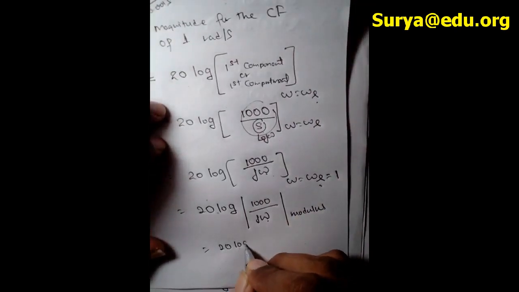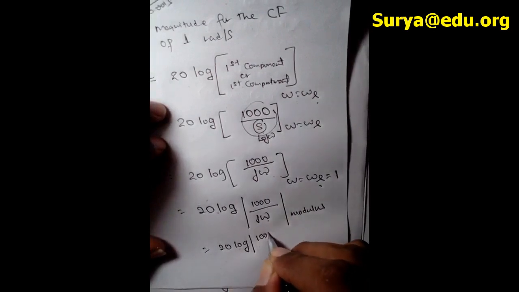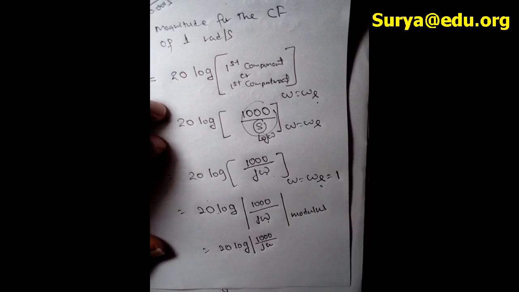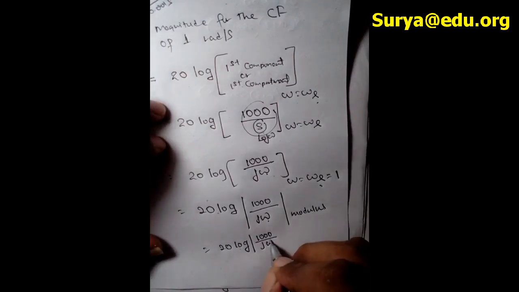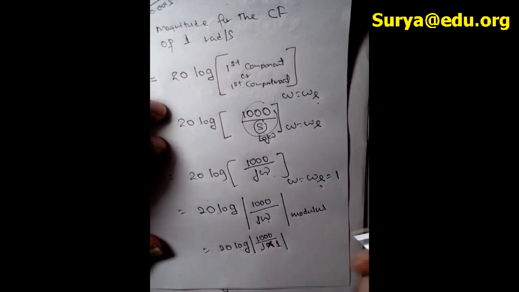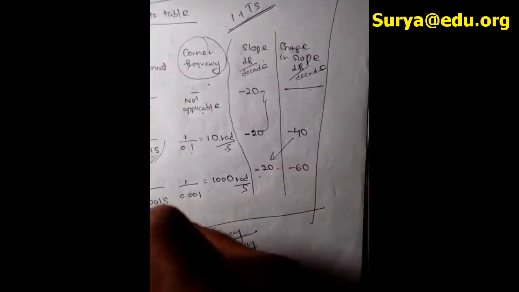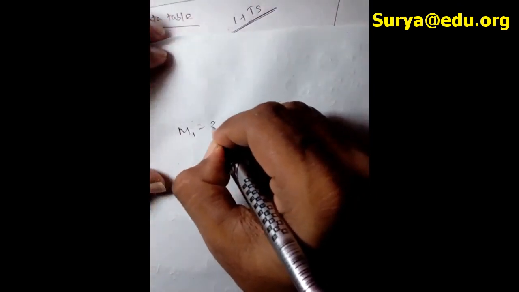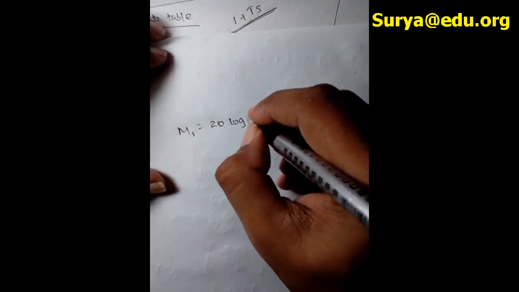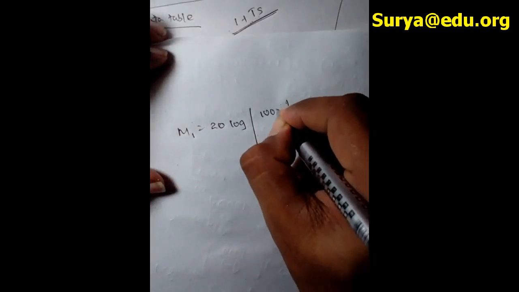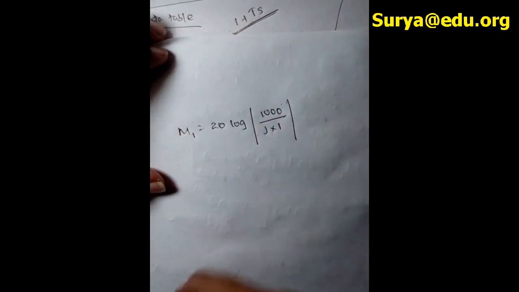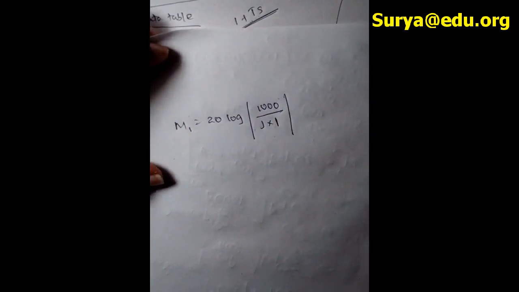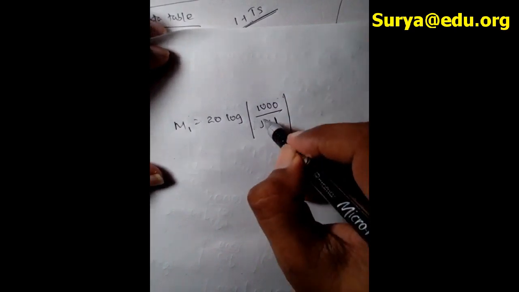So again it equals 20 log of 1000 divided by j omega. Now omega is 1, so j times 1. I will write it again: magnitude 1 equals 20 log modulus of 1000 divided by j times 1, because the lowest frequency is 1. Now this is a modulus, so you don't need to worry about this j.